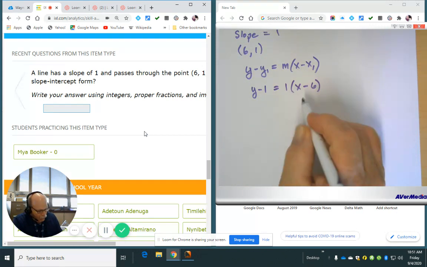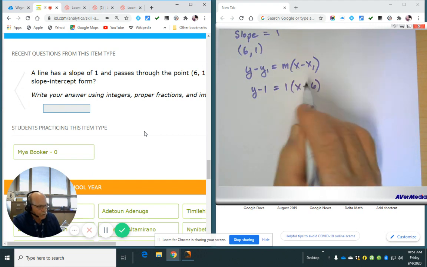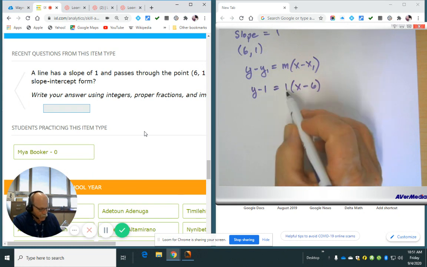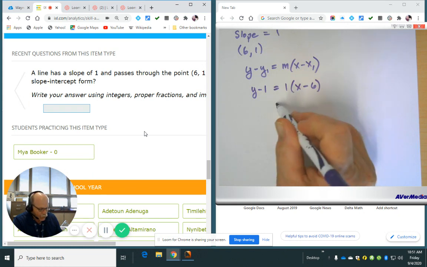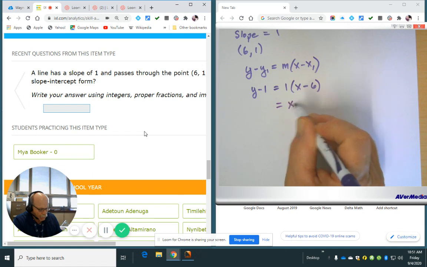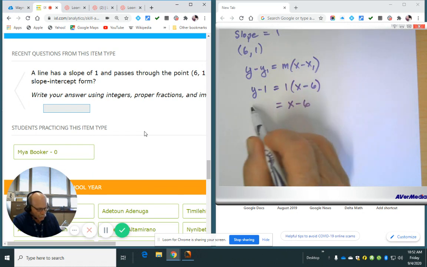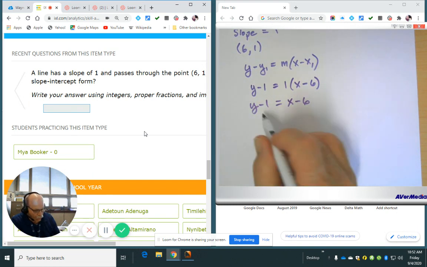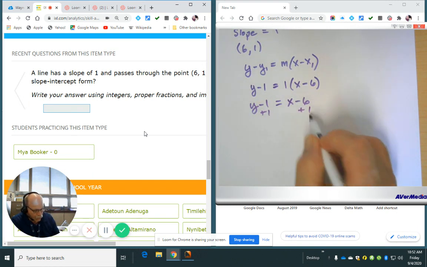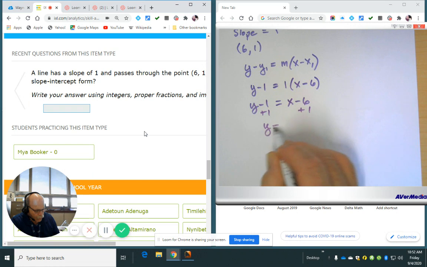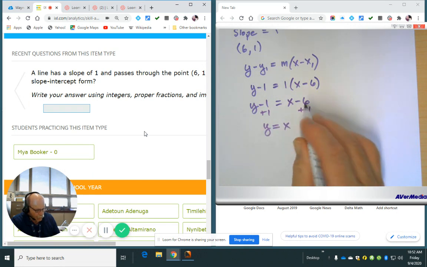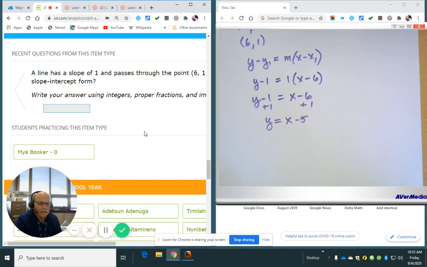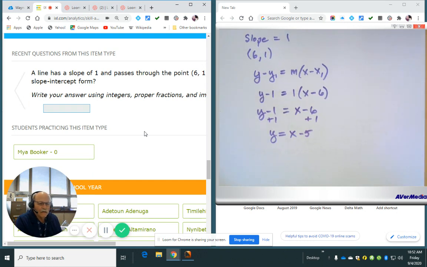First, I need to eliminate these parentheses. Since this is multiplied by 1, I can just take it away. Then add 1 to both sides, and what I get is y equals x minus 5. So that is the line.